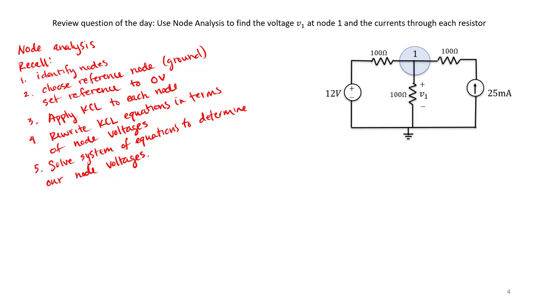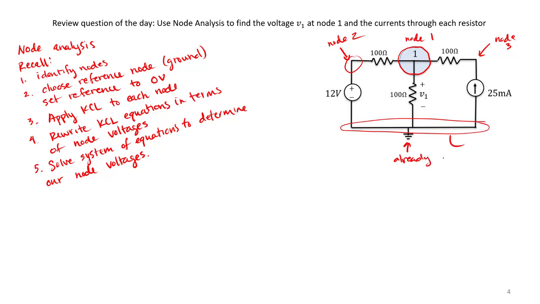So let's go ahead and give this a try. In our particular circuit shown here, we are already given node 1 at this location. Notice that we also technically have nodes over here on each corner, right? I'll just call it node 2, node 3. Then we also have a node down below, and notice this one was already grounded.